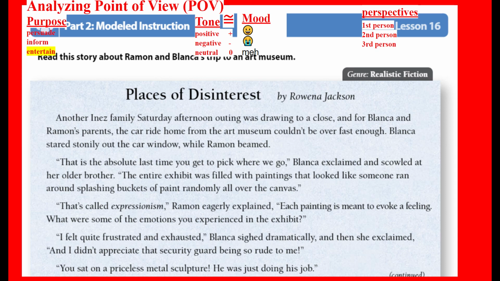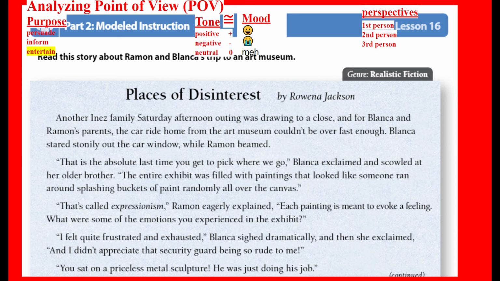So tone, whenever you're considering tone, you need to think about how the author portrays the characters and how the character feels in the text. Mood, on the other hand, is how the reader feels when they are reading it. So think tone, characters, mood, reader.